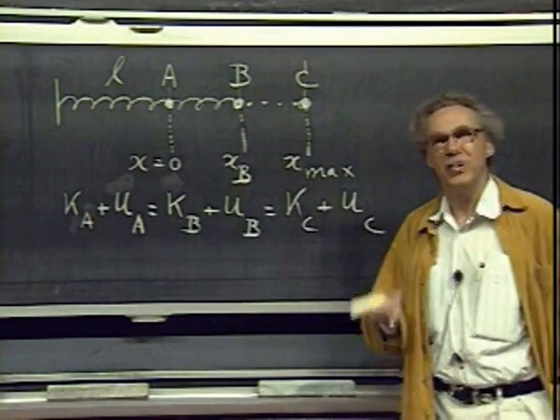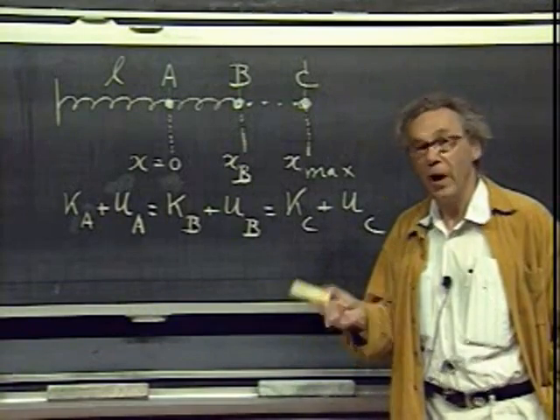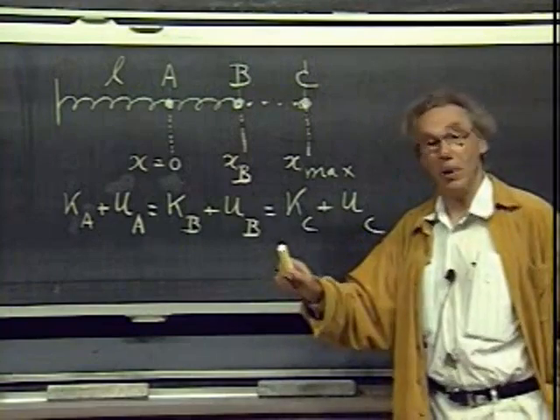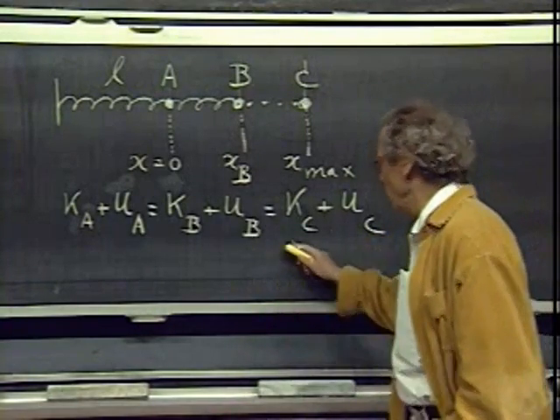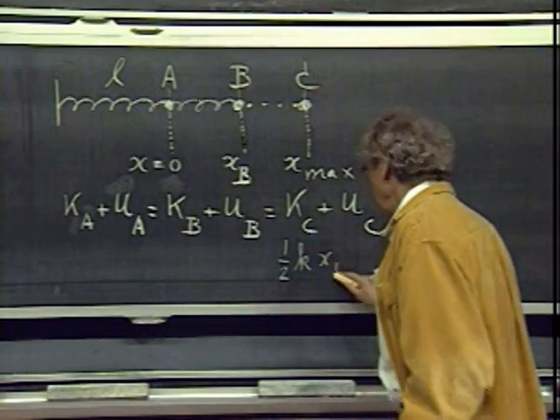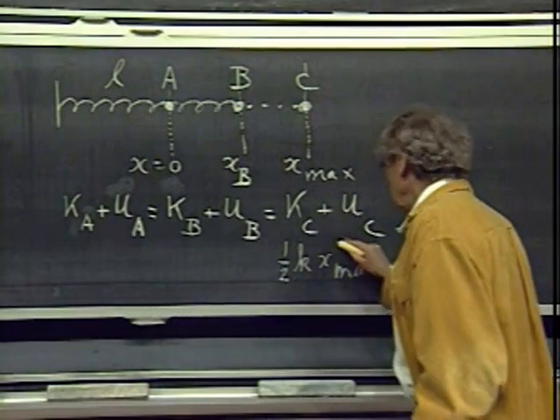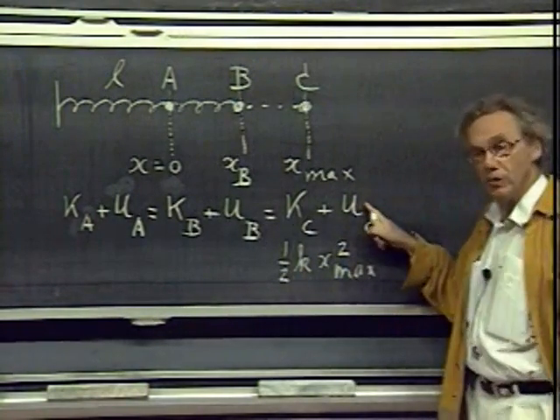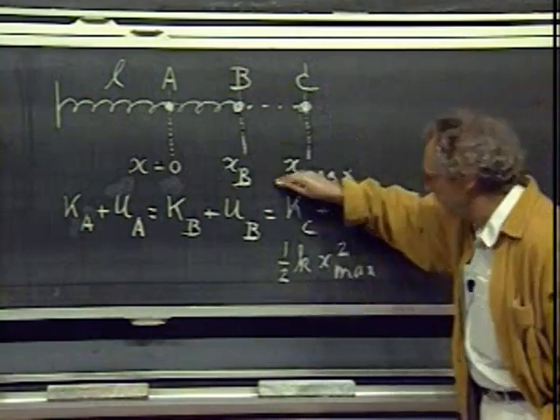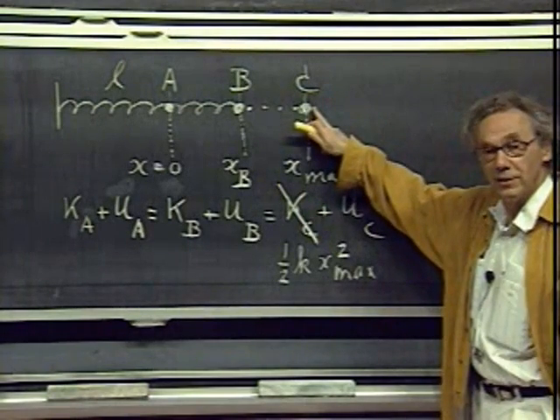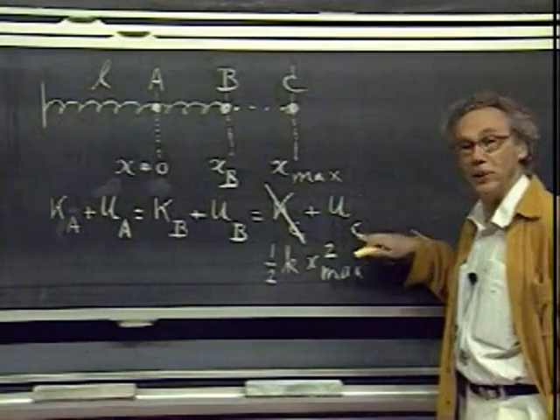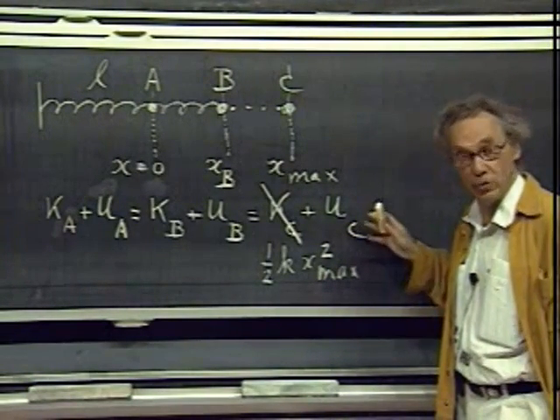So at C, it is the kinetic energy that is 0, and not the potential energy. And I continued the problem correctly, because I wrote down here 1/2 k x max squared, which is exactly this term. That is the potential energy at C, which reaches a maximum. It is the kinetic energy that is 0 here. And I accidentally mentioned that it was the potential energy that is 0, which is obviously not so.